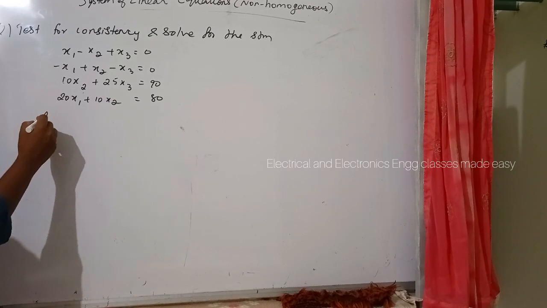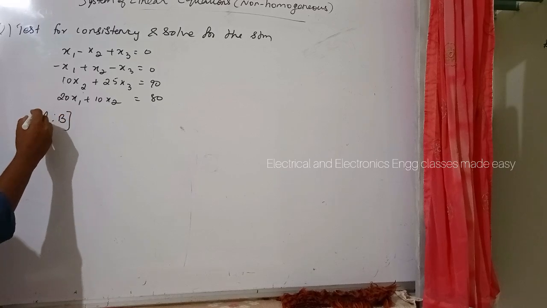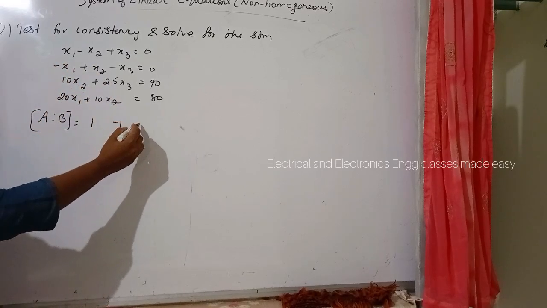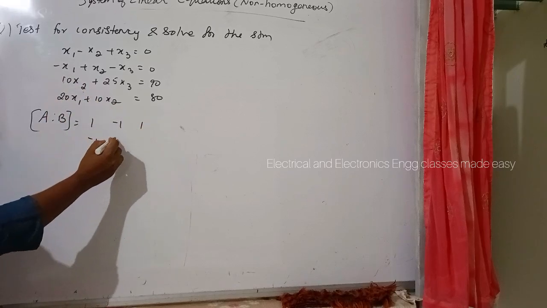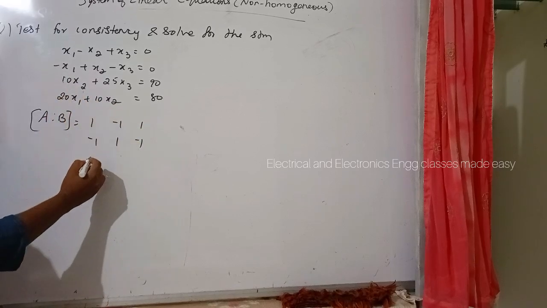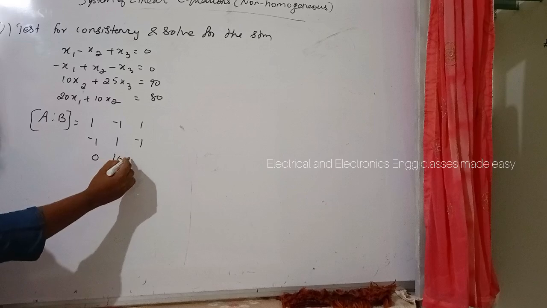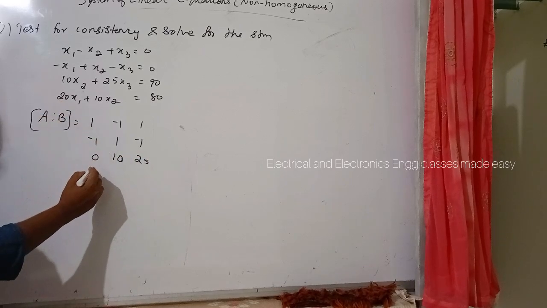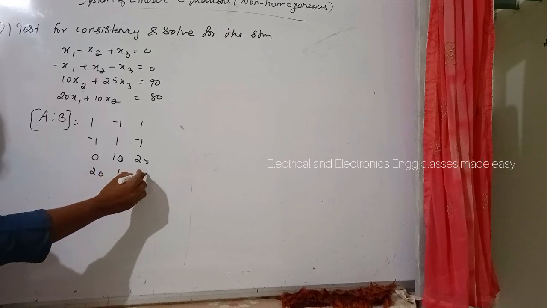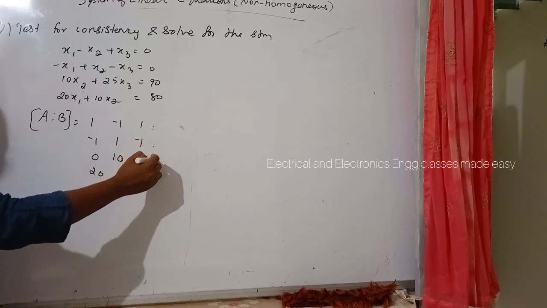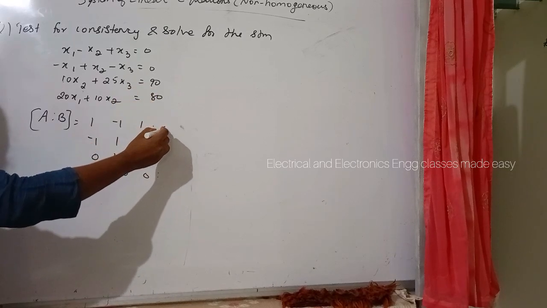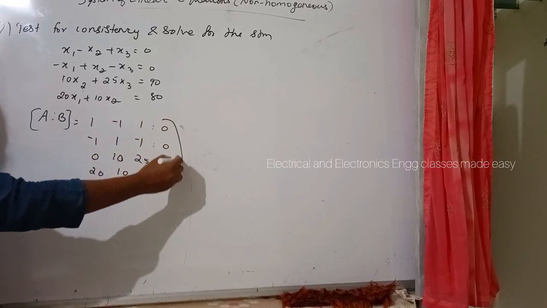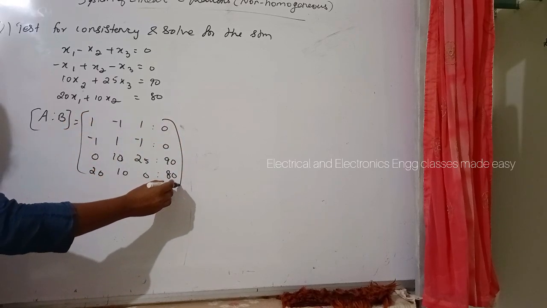So, the augmented matrix AB is: here A is 1, minus 1, 1, then minus 1, 1, minus 1, then 0, 10, 25, then 20, 10, 0. Then the B matrix is 0, 0, 90, 80. So, this is the augmented matrix.